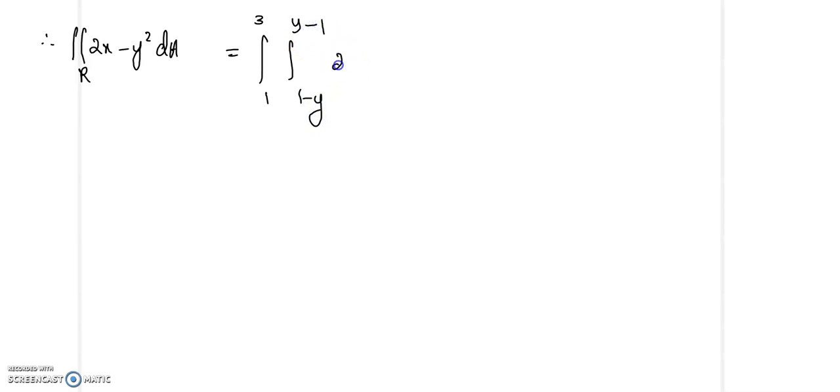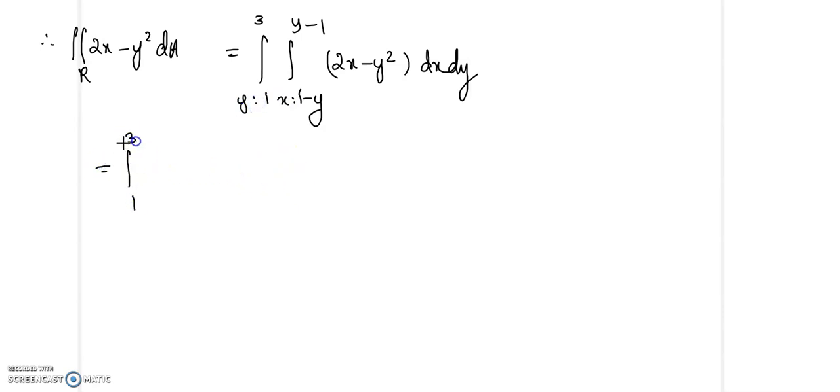So therefore double integral over R, 2x minus y square dA will be integral 1 to 3, then the limits will be 1 minus y to y minus 1, 2x minus y square. So we will have dx dy. So this is the limits for x, and this is the limit for y.